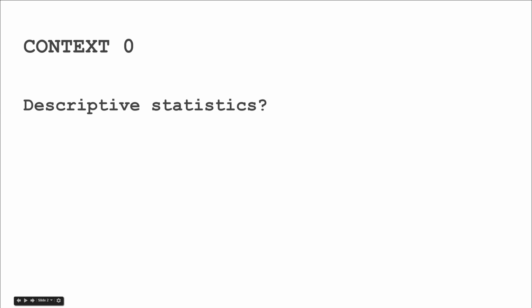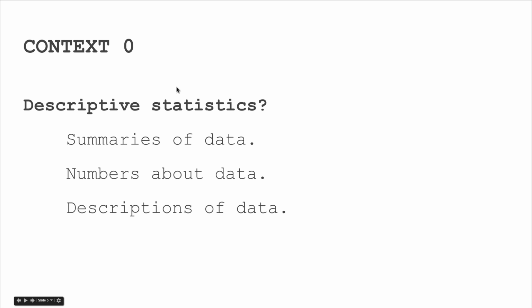So what are descriptive statistics? Descriptive statistics, most simply, are summaries of data, or numbers about data, or descriptions of data. Specifically, they are just numbers about data or information itself, right? In other words, it's just this one set of numbers that you have and nothing else.